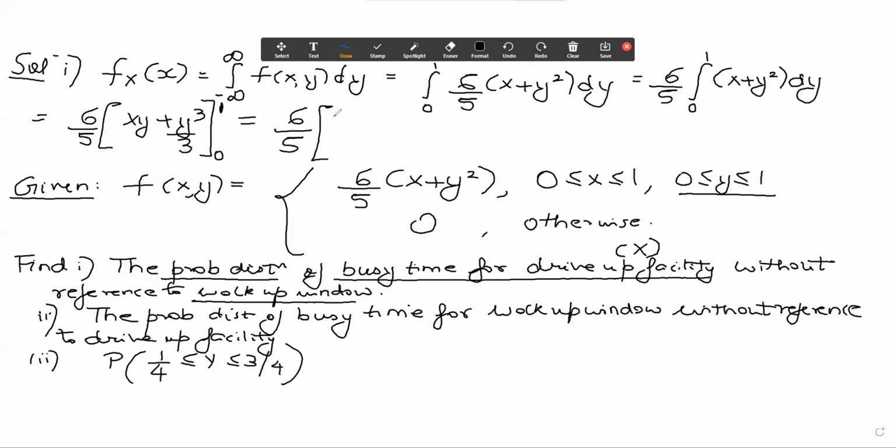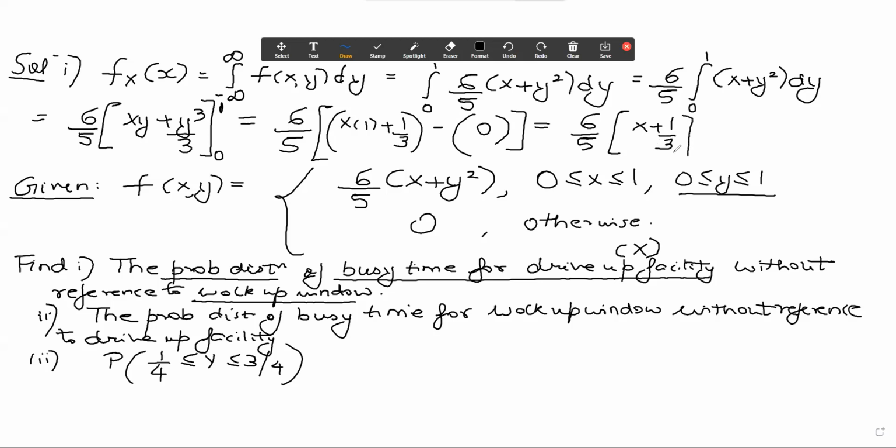So this will be 6/5 times, I'll put y as 1 first. So x into 1 plus 1 cubed by 3, which is 1/3. And then I'll put y as 0, I get everything 0. So this will be 6/5 times (x plus 1/3). So this makes it 6x by 5 plus 2 by 5.